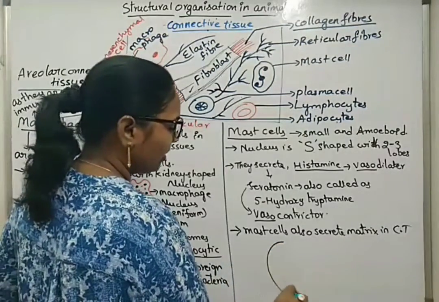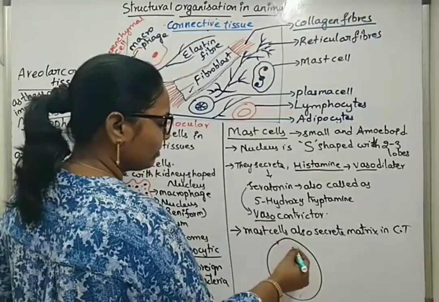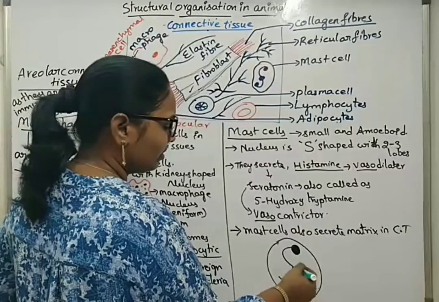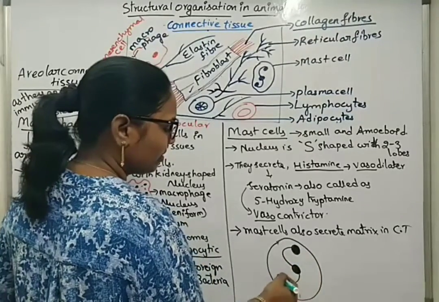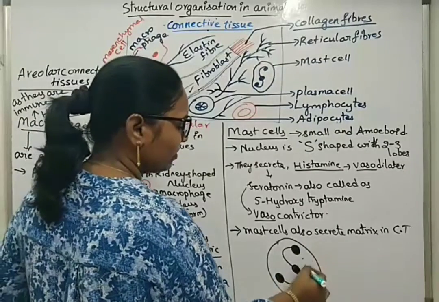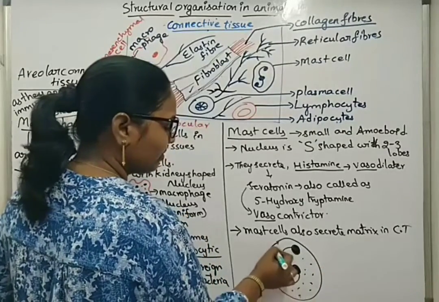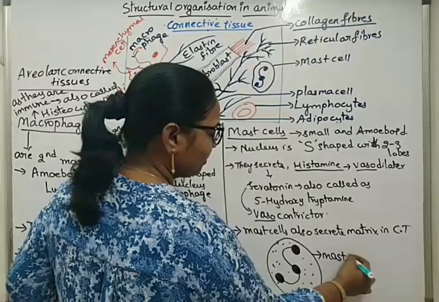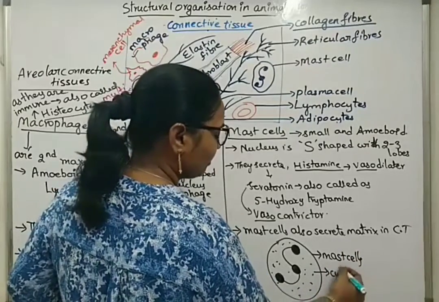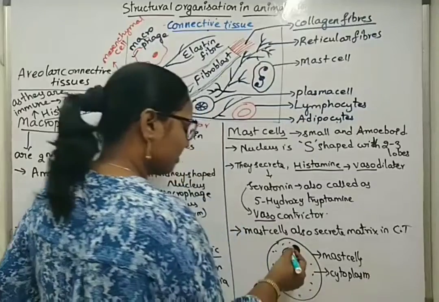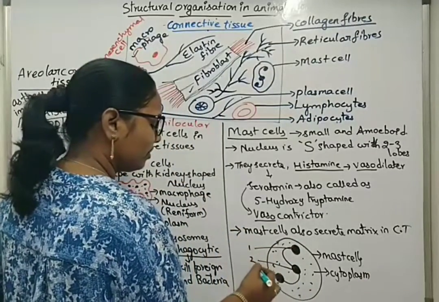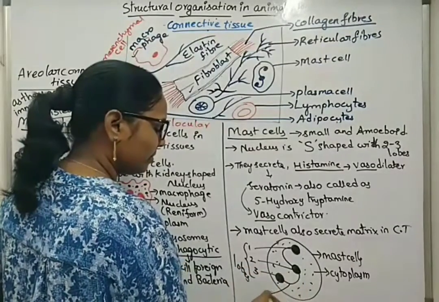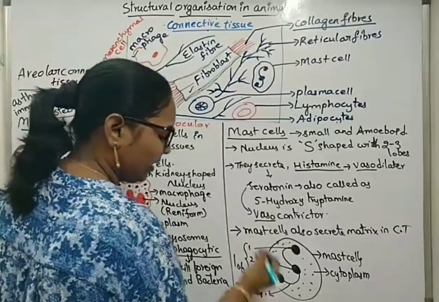So here we can give out a diagram like, we said S-shaped nucleus and also 2 to 3 lobes. 1, 2, nucleus.